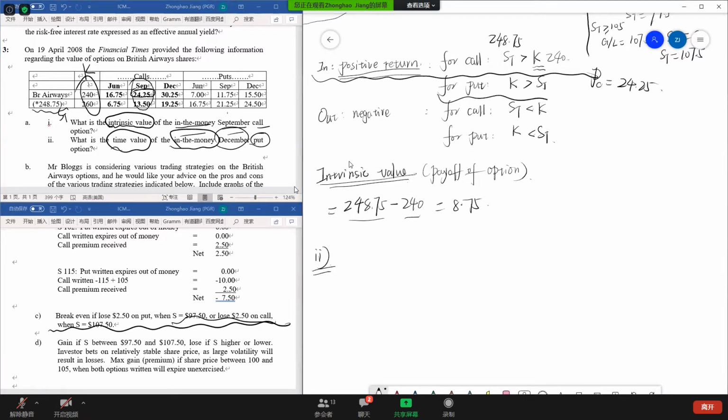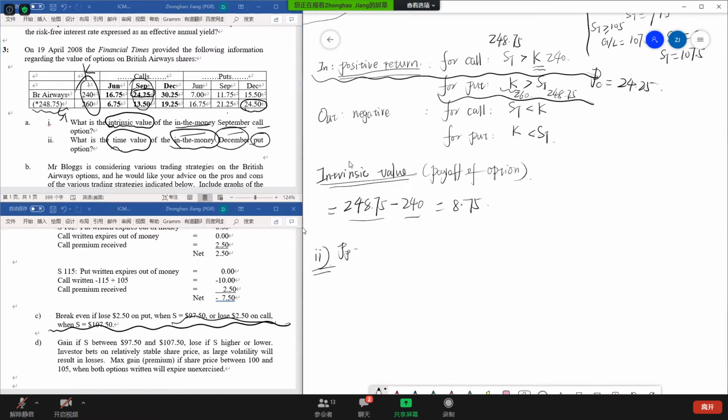For a put, the spot price is 248.75, and the exercise price has to be larger than 248. So the exercise price is 260. Then we use this price of the put.